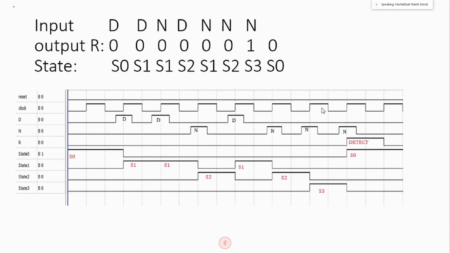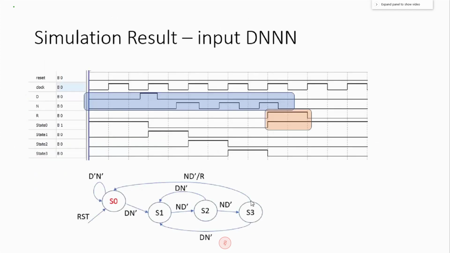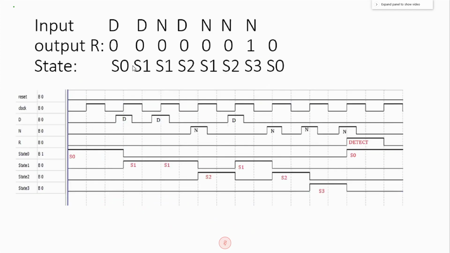Next, this is what I'm trying to explain in terms of annotation. This is by graph. This is better because now we highlight the state as 0, as 1 by the pulse. You refer to the pulse. This is S0.